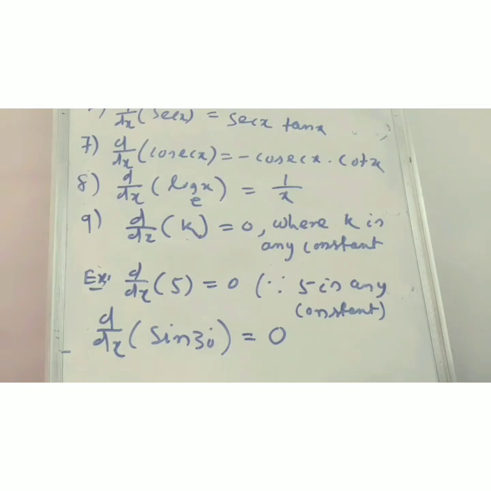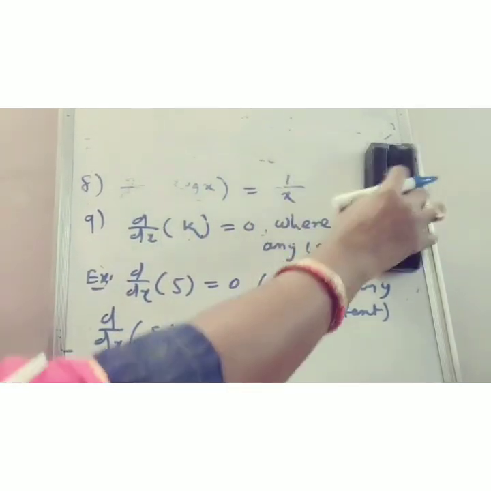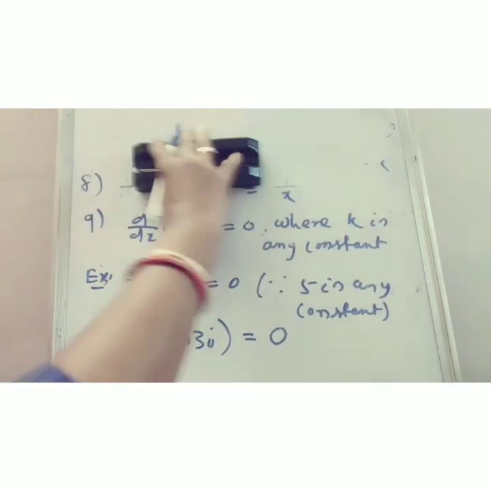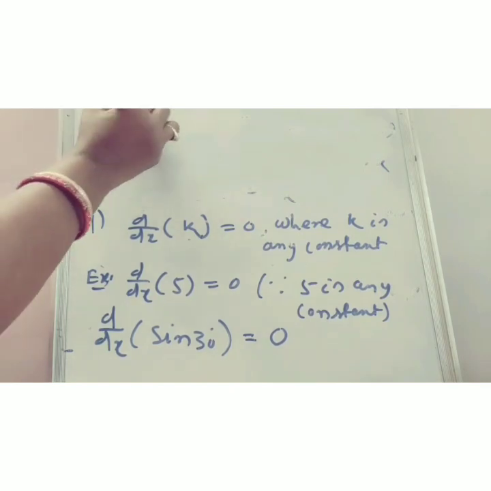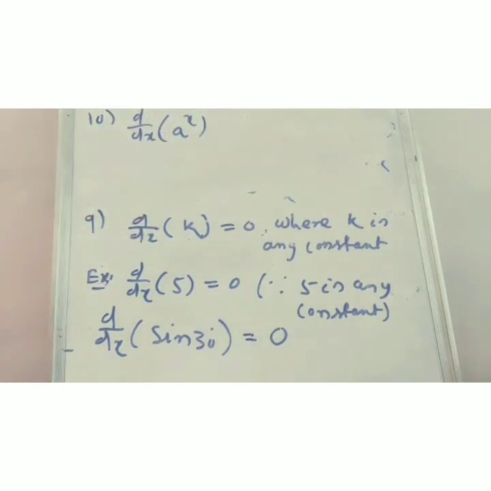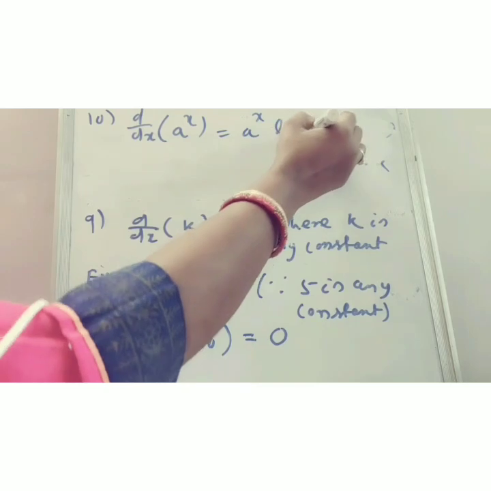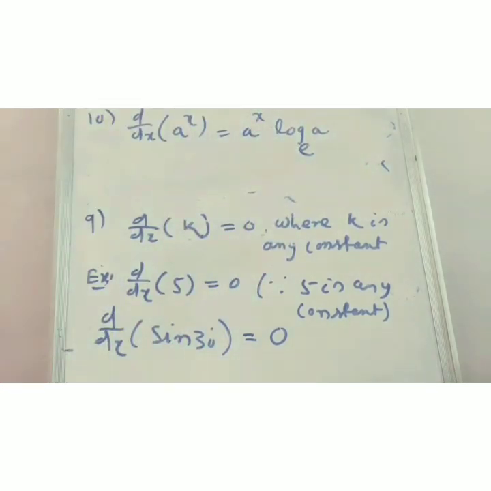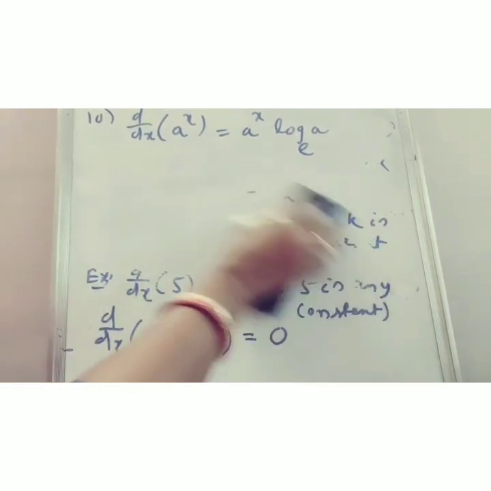Now, what is d by dx of a to the power x, where a is any constant? d by dx of a to the power x is equal to a to the power x into log a base e, where a is any constant and x is the variable.